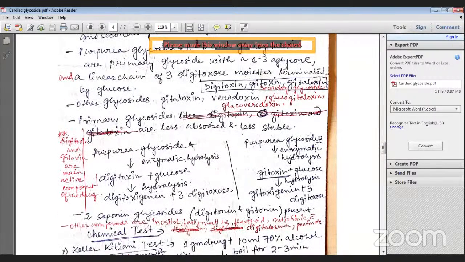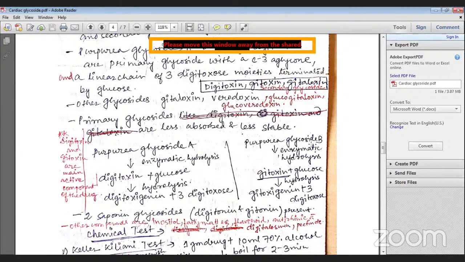And there is a conversion of purpurea glycoside A and purpurea glycoside B. Purpurea glycoside A on enzymatic hydrolysis yields digitoxigenin, the aglycon part, and three digitoxose molecules, which is the sugar part.